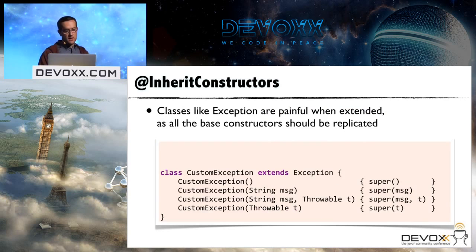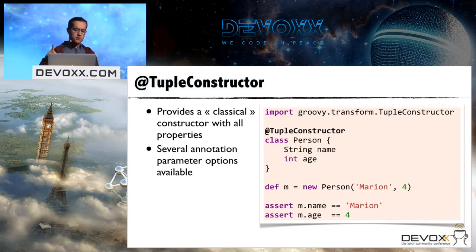I wanted to also mention, I removed that slide, that we also have a transformation called add canonical, which takes the toString, equals and hashcode, and tuple constructor transformations and mixes them all so that you have classes which provide all these things. So you just annotate the class, the person, with add canonical, and you've got for free all those transformations and all those new methods implemented for you by the compiler.